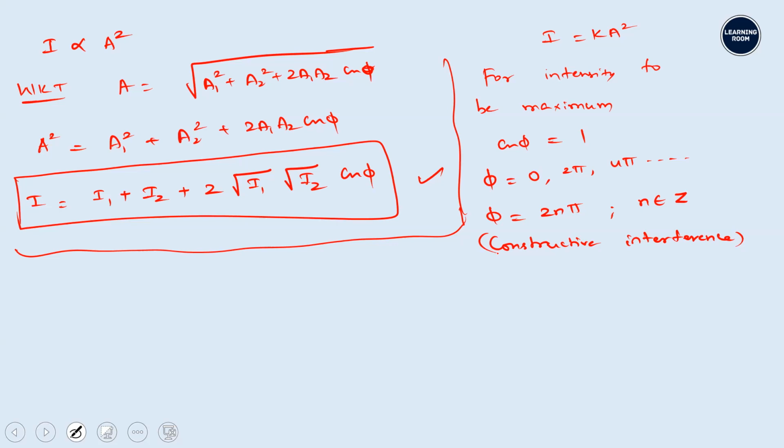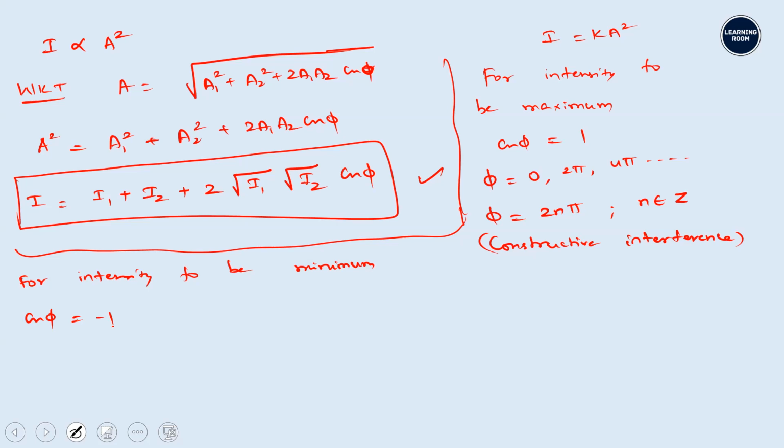Right? On the other hand, what will we have for intensity to be minimum? For the intensity of the resultant to be minimum, what should be the value of cos phi? Cos phi should take the least value, and the least value of cos phi is minus 1. So for intensity to be minimum, cos phi will be equal to minus 1.